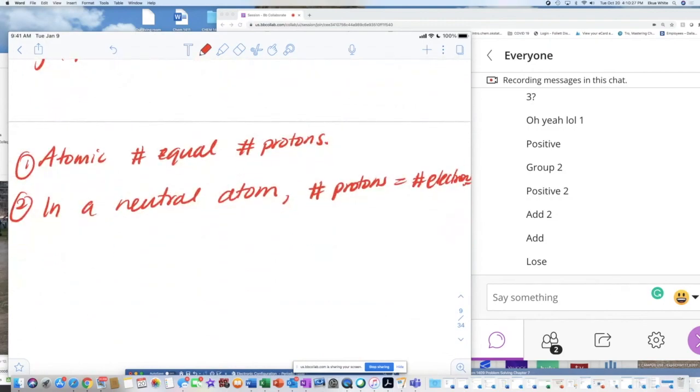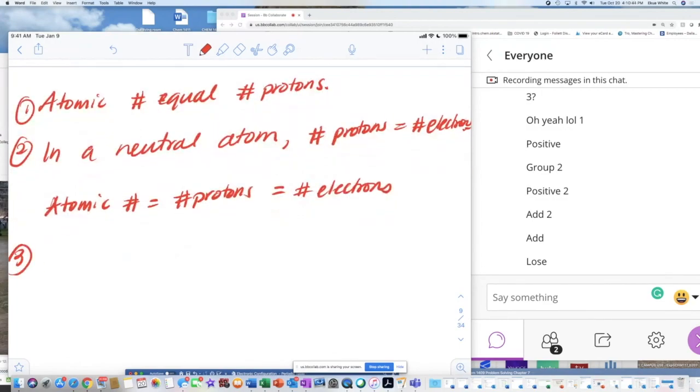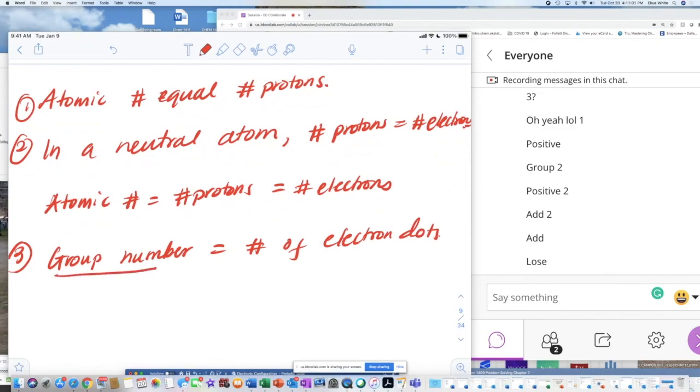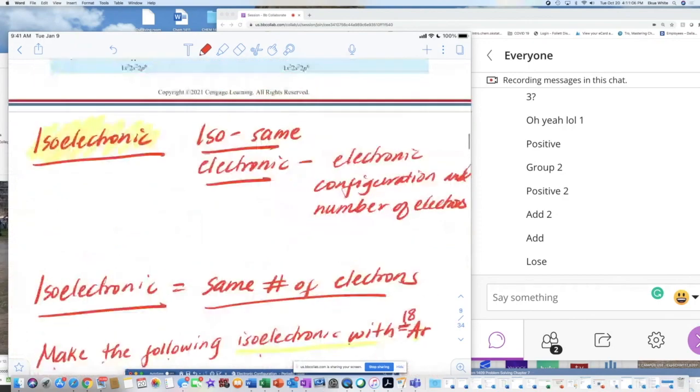That's why when you look up there, you had atomic number equals number of protons, which we learned before, equals number of electrons. We also learned this before, so it's kind of a summary of a lot of things. Group number equals number of electron dots. If you look at the group number, it matches the number of electron dots.